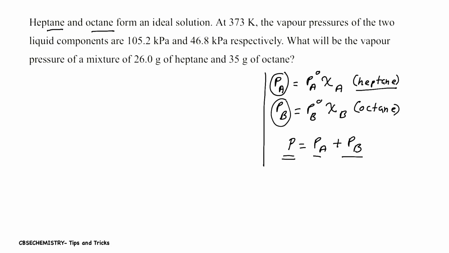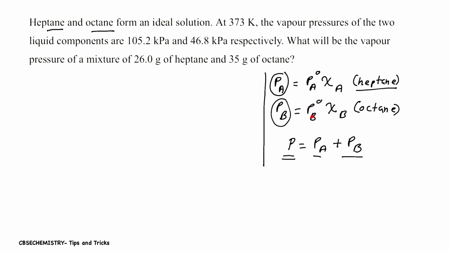Hope you understand. Then what is Pa standard? Pa standard is the vapor pressure of the pure solvent heptane. What is that? 105.2. So we know this value. Okay. And now what is Pb standard? Pb standard is the vapor pressure of pure solute octane or pure liquid octane. What is that? 46.8.